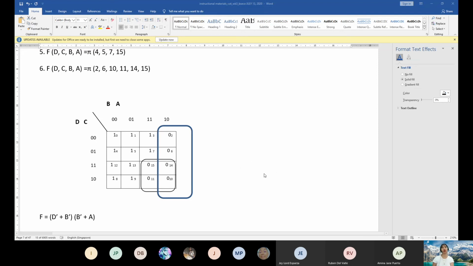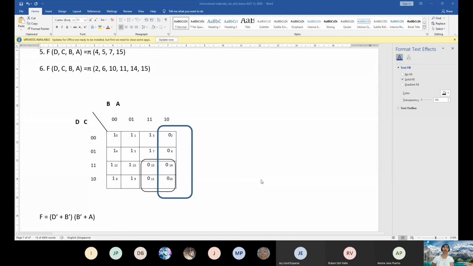I don't know if computer fundamentals has logic circuits then. Actually, chapter 2 is already an introduction, and chapter 3, ini-introduce na rin kayo sa designing of logic circuits. What we are discussing is actually an introduction to logic circuits design.